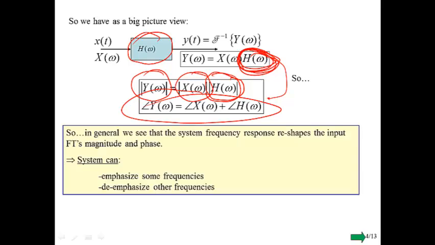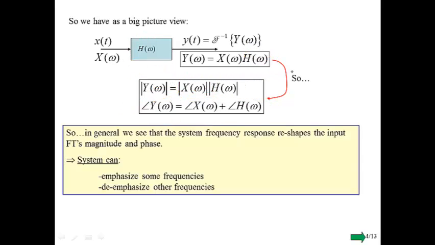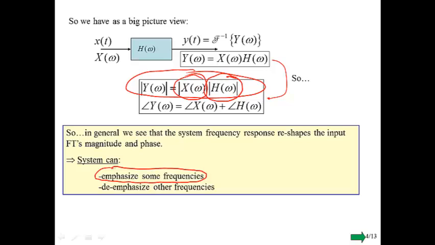So this idea right here, the fact that magnitude of H of omega modifies the magnitudes or amplitudes of the input components, tells us that what the system can do is, when this value at a certain frequency is greater than 1, it's going to emphasize those frequencies by boosting how much of them we have. And at frequencies where magnitude of H of omega is less than 1, then that's going to de-emphasize those frequencies.